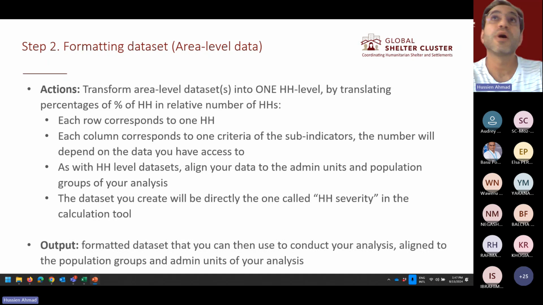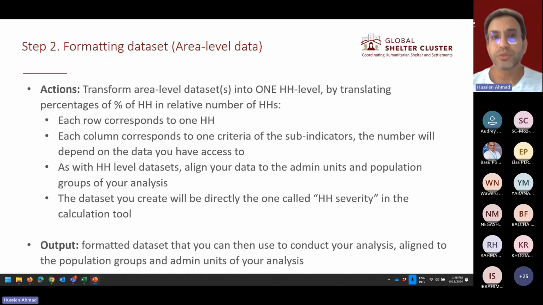For example, the percentage of houses or shelters in this area that are severely damaged, and another percentage that are partially damaged, and so on. So basically, it comes to an overall figure about the area.